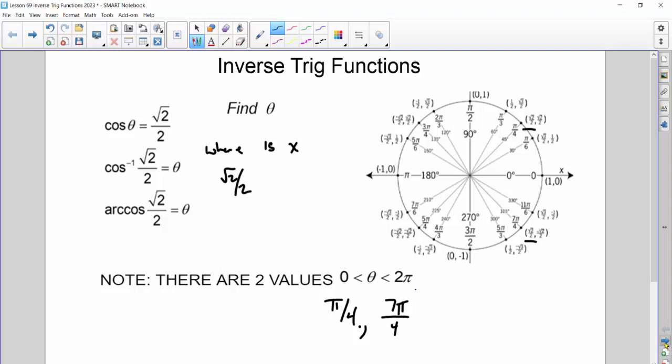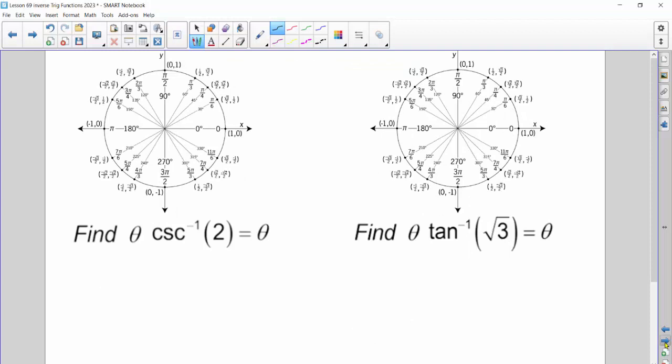Now, to go a little bit more in depth, we're going to continue this discussion as though we're just looking at the unit circle and we're looking between 0 and 2 pi. So if I want to know where the cosecant is equal to 2, well, the cosecant's the reciprocal of sine, so I basically want to know where sine is equal to a half.